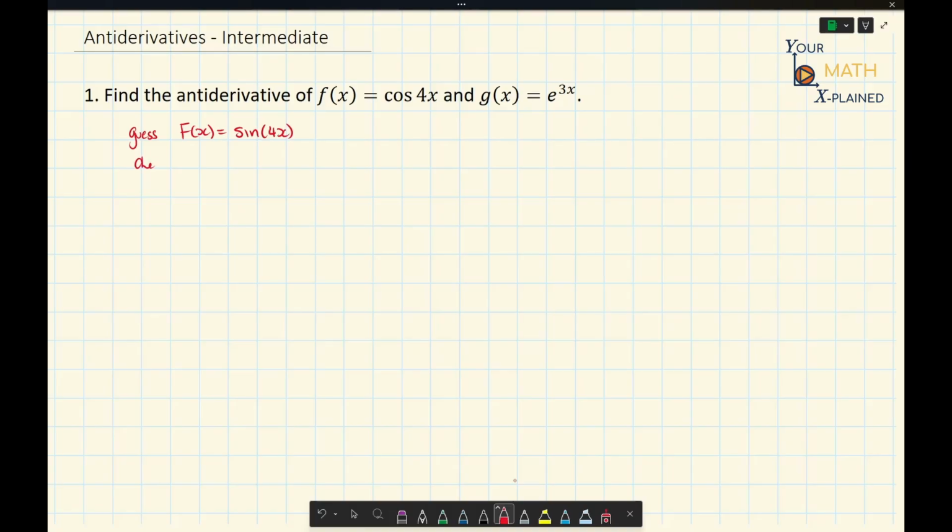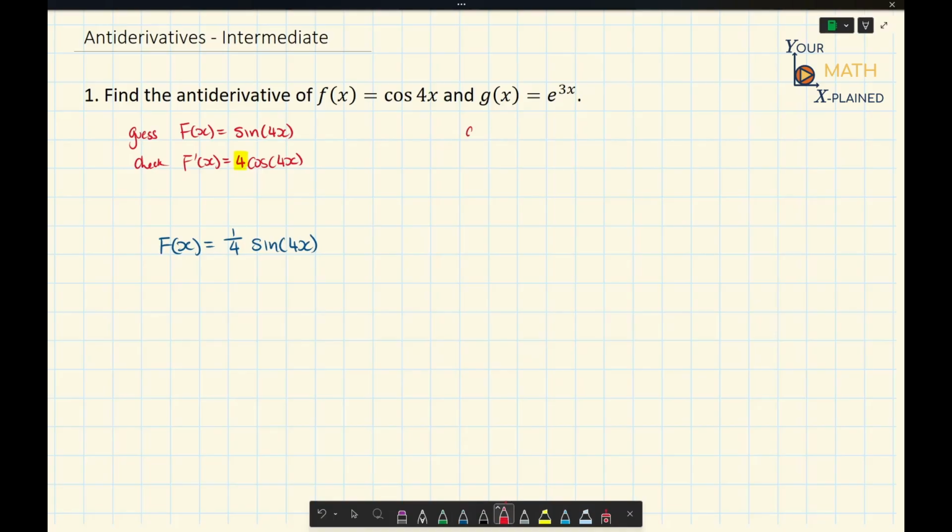But then if we check this, capital F prime of x is going to be cosine of 4x, but then the chain rule is going to force us to multiply this by 4. So if we compare what we have to the actual function f of x, we have this extra 4 in the front, which means in order for us to get rid of that, we must multiply by 1 over 4. So that means capital F of x is going to be equal to 1 over 4 times sine of 4x.